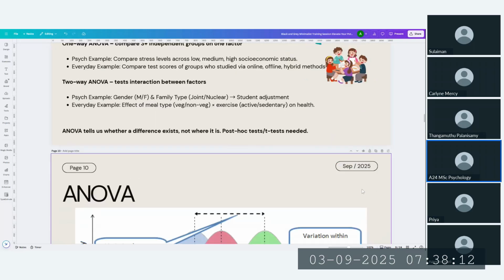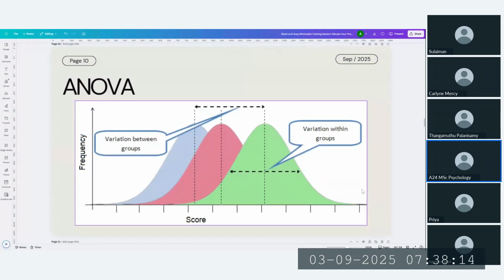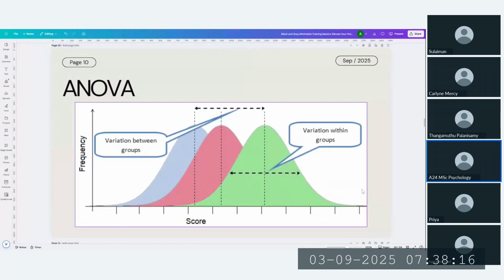Now, just to give you some clarity, if you have data, this is what is called a bell curve, and these are data for any parameter. For example, the score could be anxiety levels, right? And you have three groups. You will look at the variation within a group.